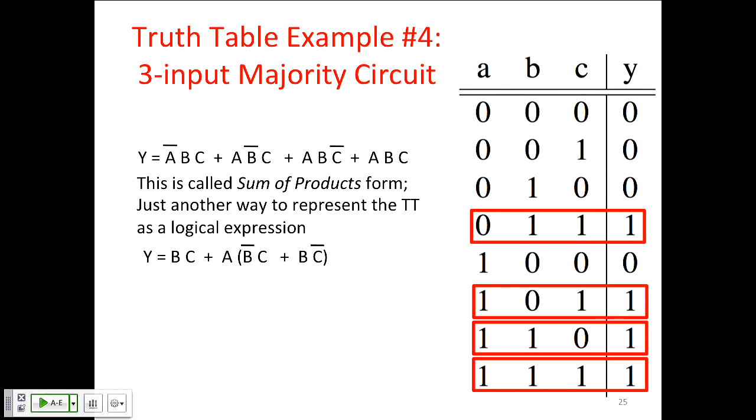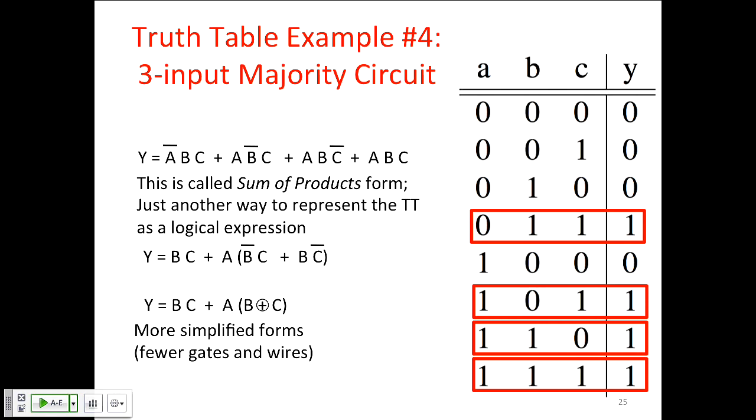So all we need to care about is, are B and C a 1? So now we simplified that expression down to a simpler logic expression. And so this is going to be the strategy to get to simpler circuits. You take the fully written out, fully expanded version of the expression, then you simplify it down using some logical rules. And the fewer gates you can use, the fewer wires you'll need, and the smaller circuit you can build.